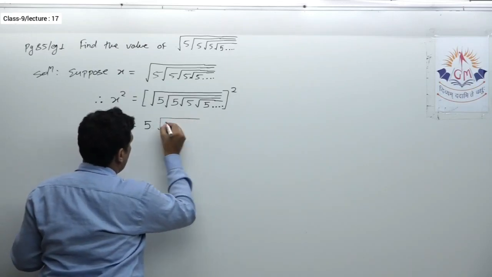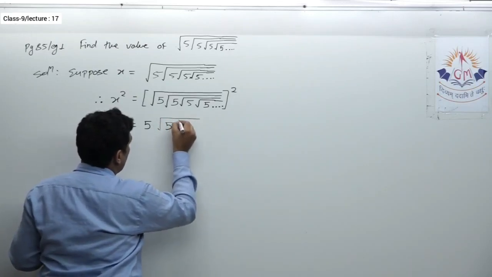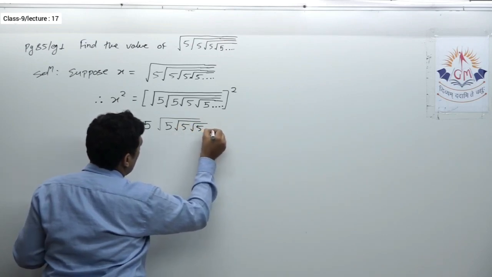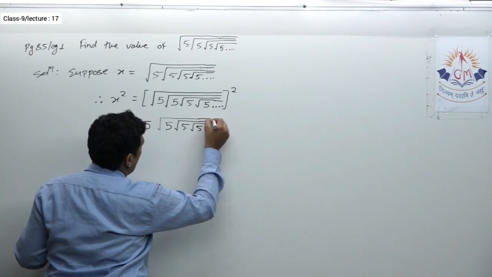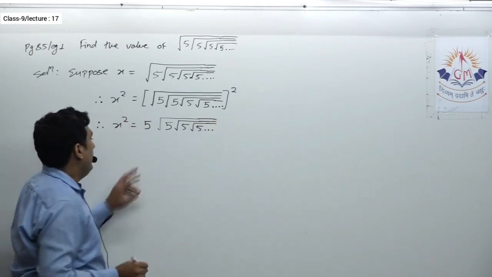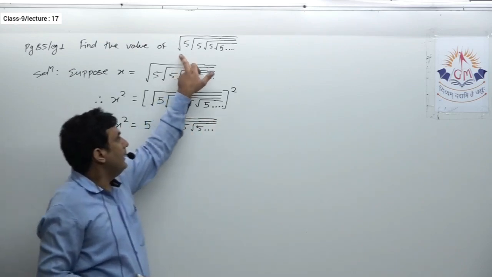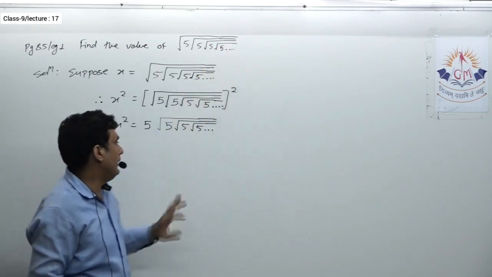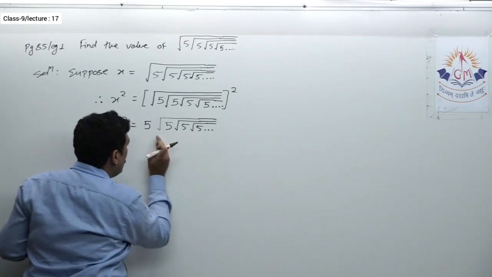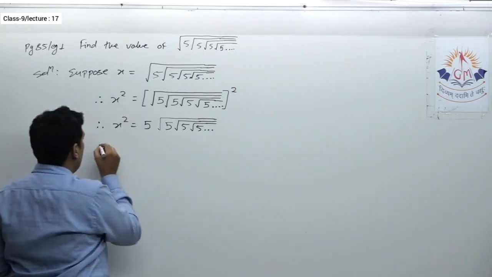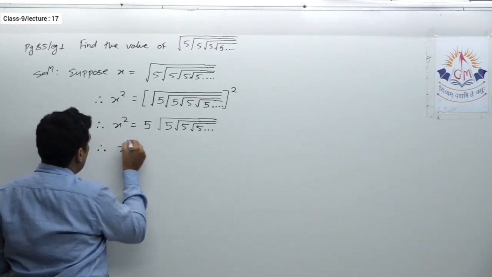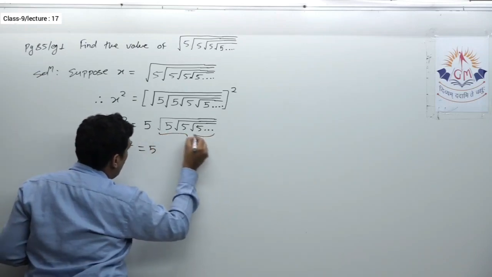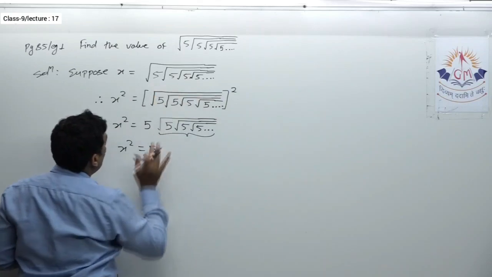So after this is 5, then again root 5, then again root 5 and so on. Now see, there are infinite 5s in this pattern, so this complete quantity again has infinite 5s over here. So this can be replaced by x because I assumed this as x.